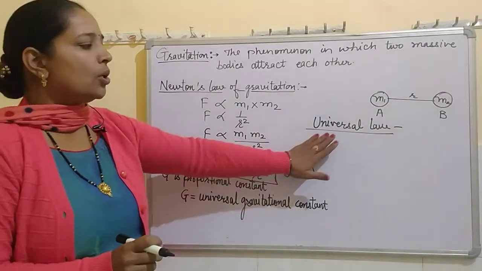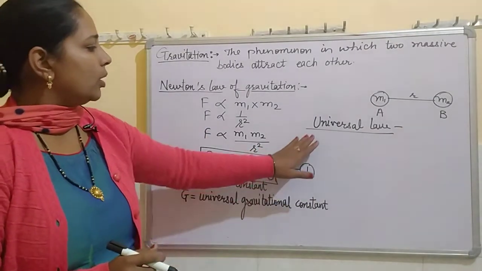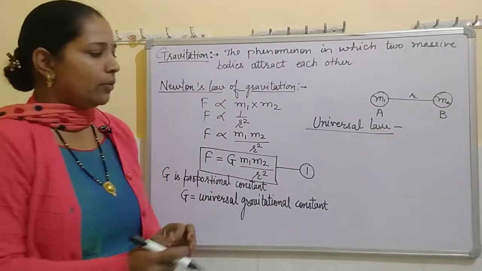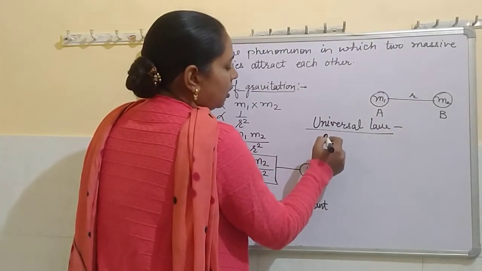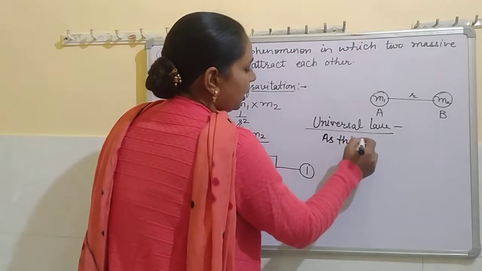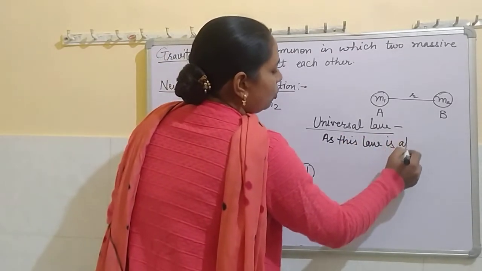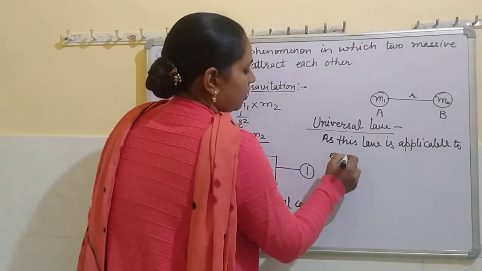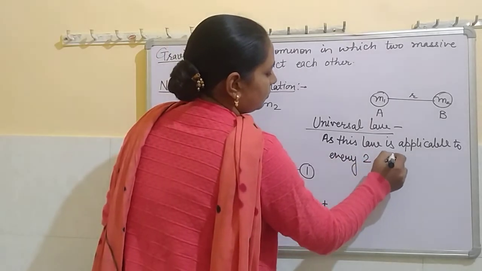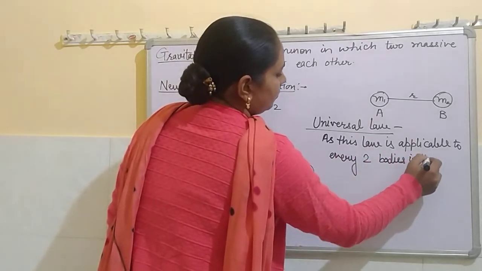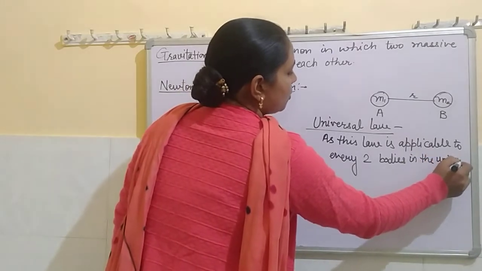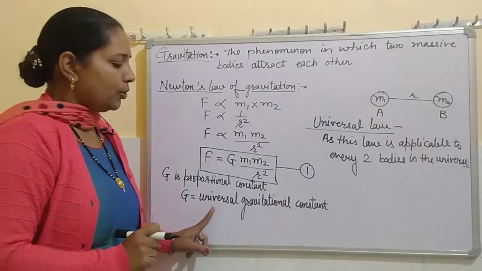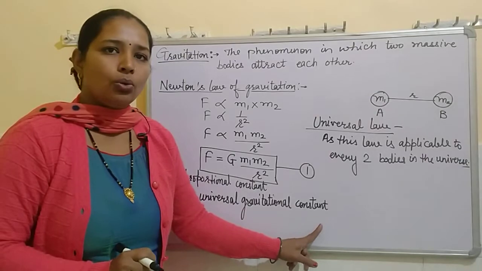That's why it is named as universal law. If the question is asked why Newton's law is also named universal law, we can simply answer that this law is applicable to every two bodies present in the universe. And as this law is known as universal law, this constant is also named universal gravitational constant.